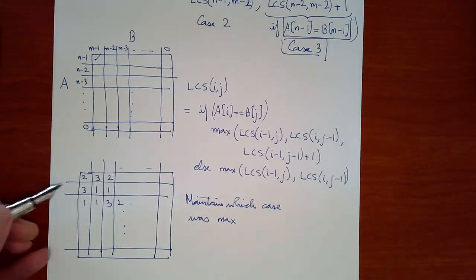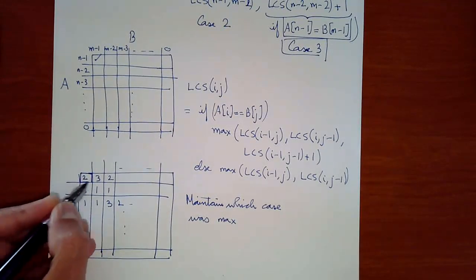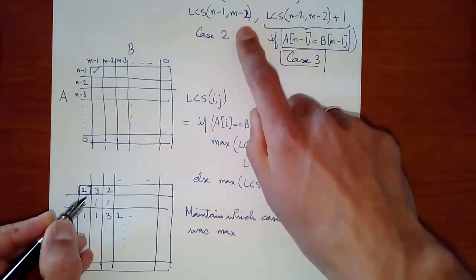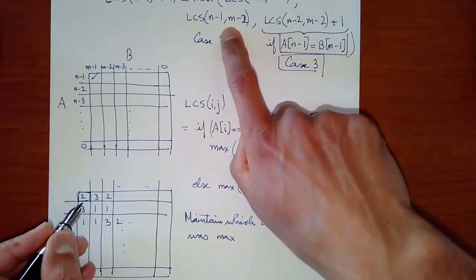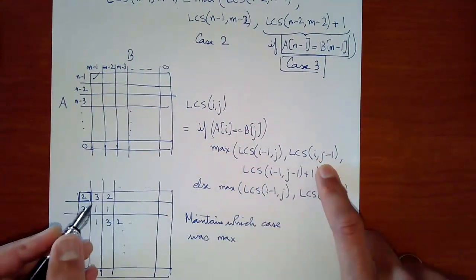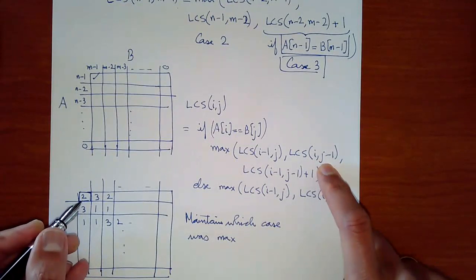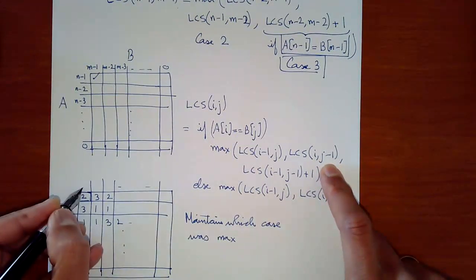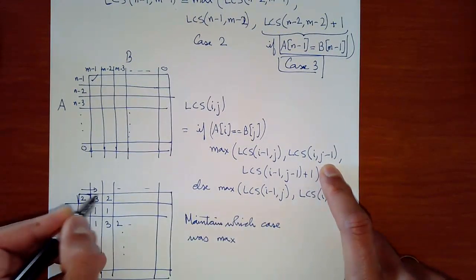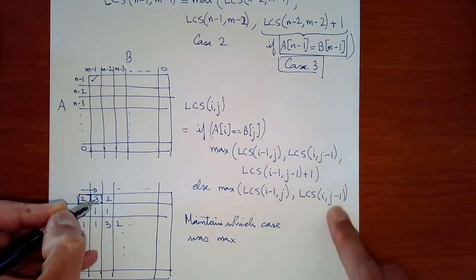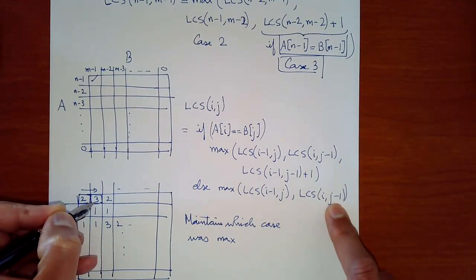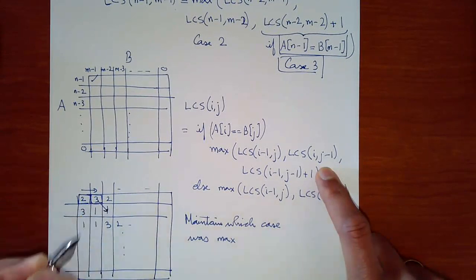Now observe that if you're in case 2, then you have to decrement the second one. So you move this way. If you're in case 3, then you record a match and then you move down here.